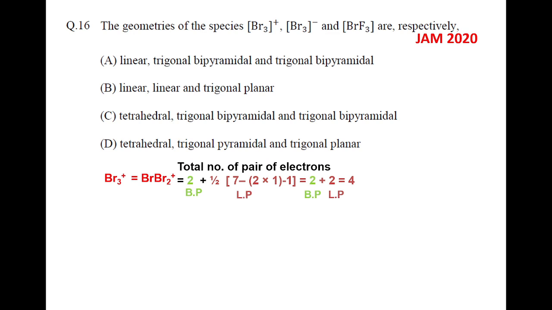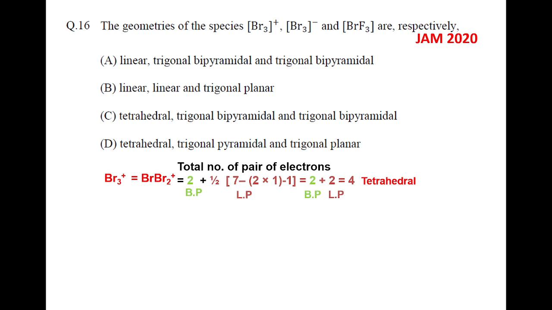So Br will be the central atom and 2 Br will surround the one bromine atom. So the total bond pair will be 2 and total lone pair will be 2. So the total number of electron pairs will be 4 and the regular geometry will be tetrahedral.